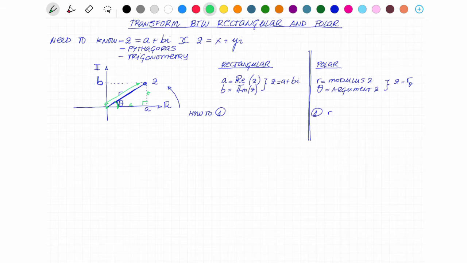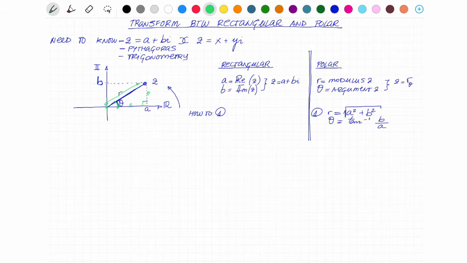This is going to be the adjacent, and this is the opposite one. So I can come here and transform using a plus bi. The modulus is the square root of a squared plus b squared. The argument is the inverse of the tangent of b over a.